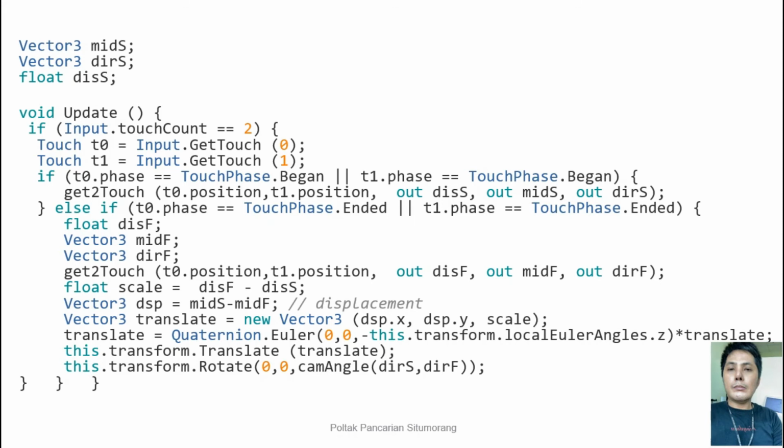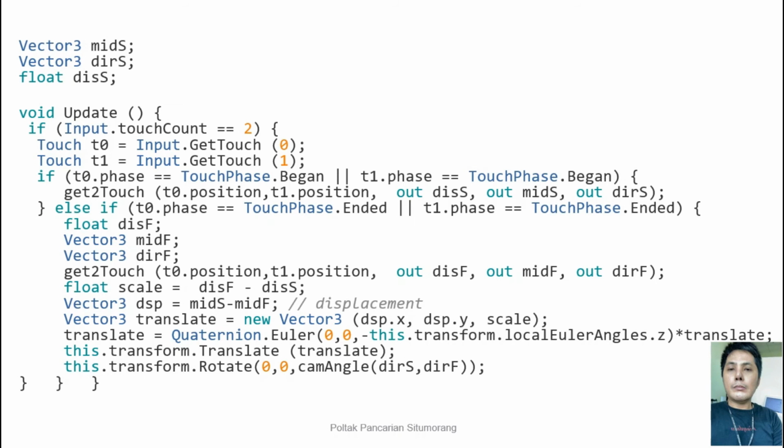We calculate the scale by subtracting the distance of the starting location from the distance of the final location. When the final distance is larger than the starting distance, scale will be positive and we move the camera along the z-axis. We translate the camera using the displacement vector formed by subtracting the midpoint of the start location from the midpoint of the final location.